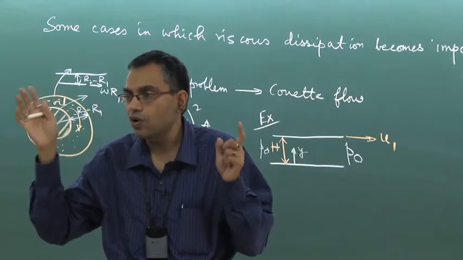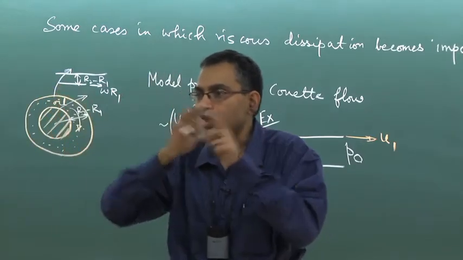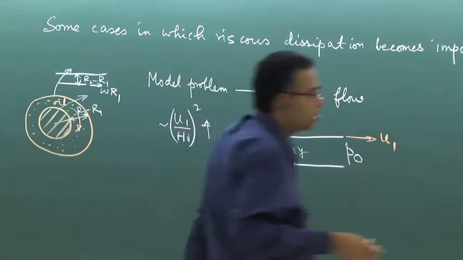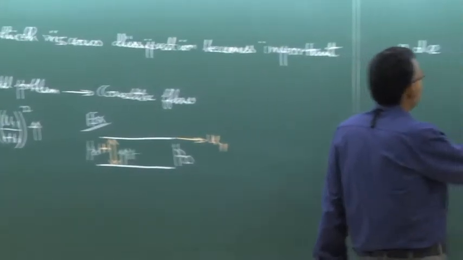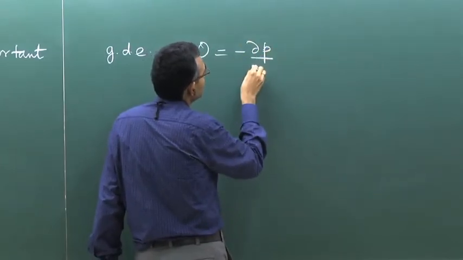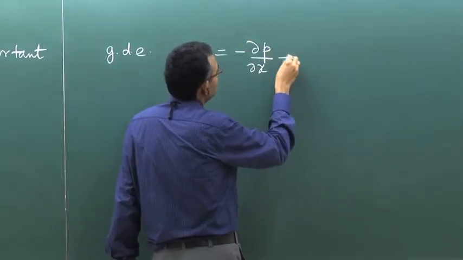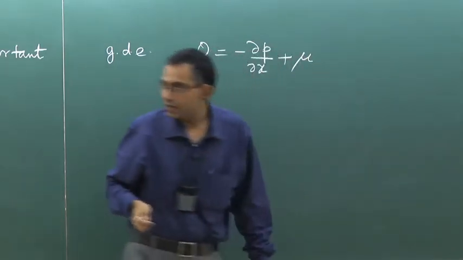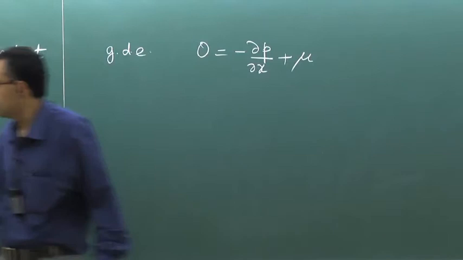So, fully developed flow is a flow where all the forces are balanced, so that there is no net acceleration in the flow. Therefore, you will have 0 is equal to, so I will write dp dx instead of del p del x.